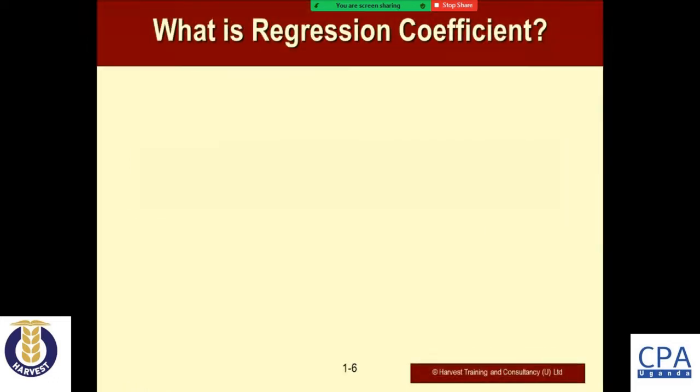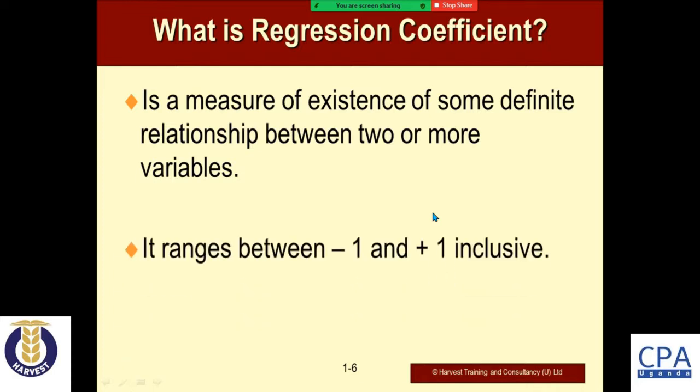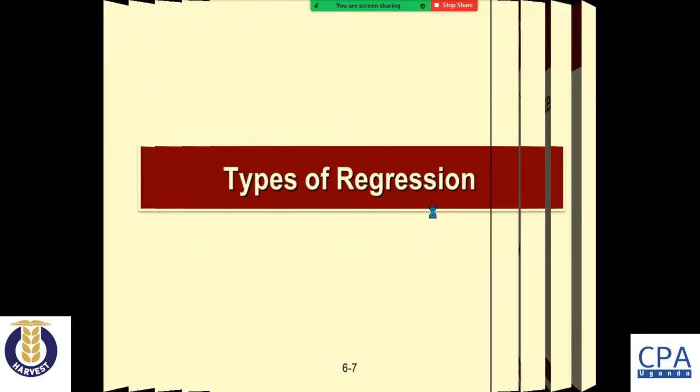We have what we call the regression coefficient. The regression coefficient is a measure of the existence of some definite relationship between two or more variables. It ranges between -1 and +1, the two inclusive.